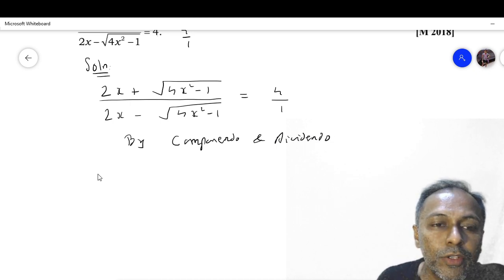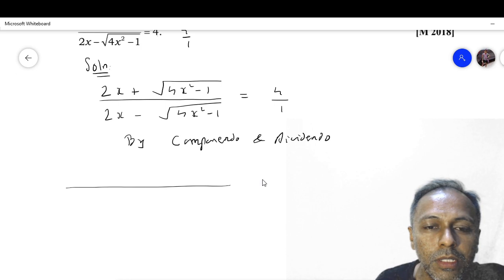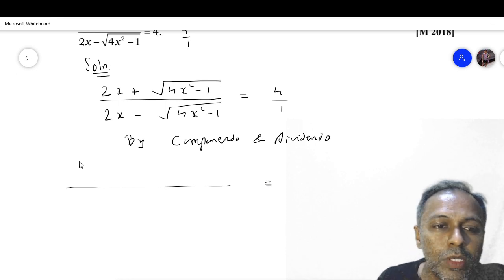we will get numerator plus denominator upon numerator minus denominator.